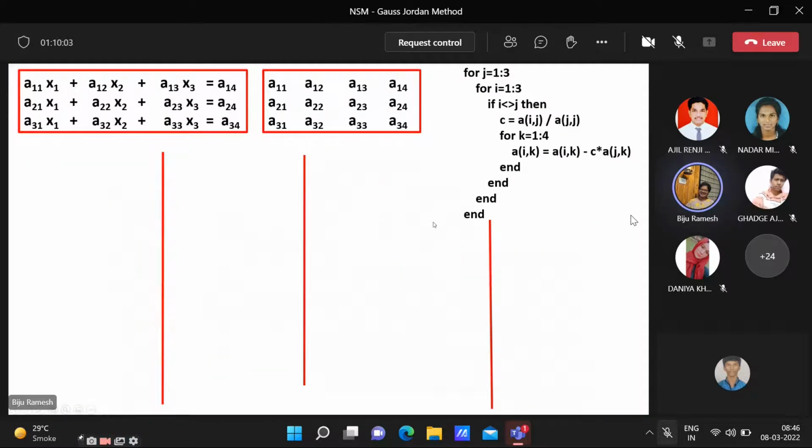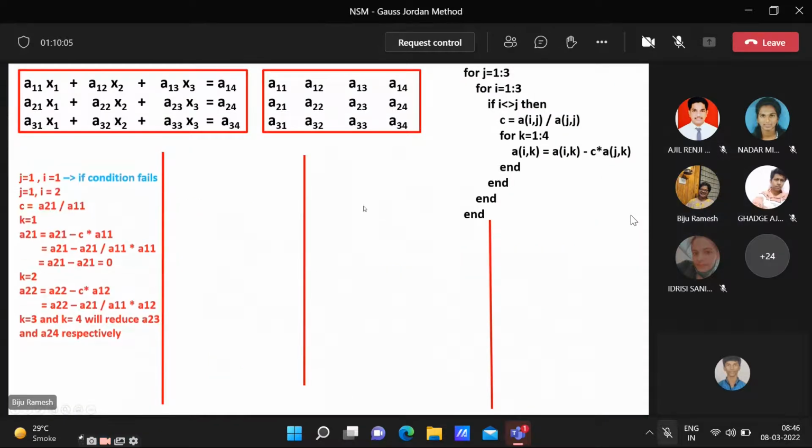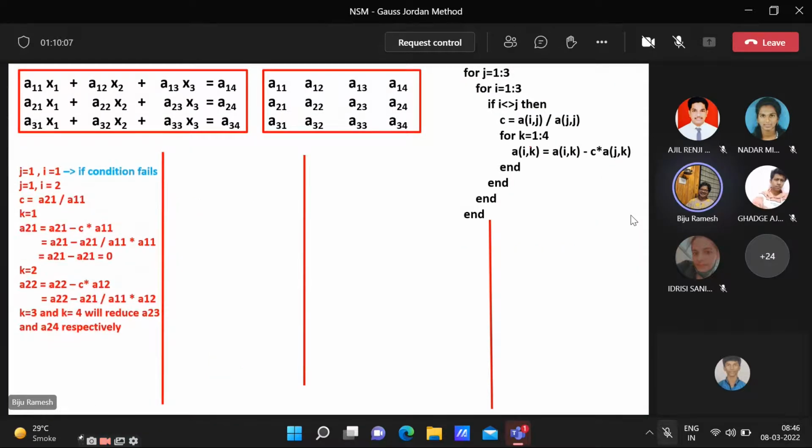Now what we are going to do next is look at a third loop. Why do we need a third loop? Why is this loop necessary?